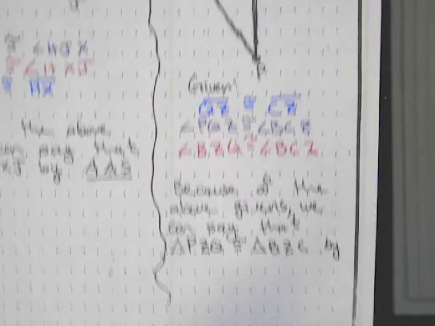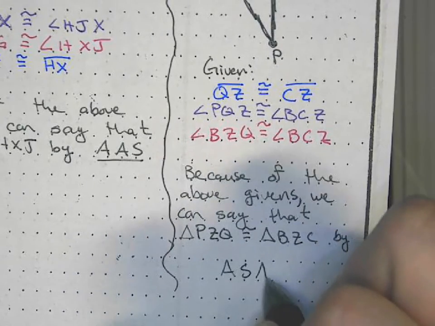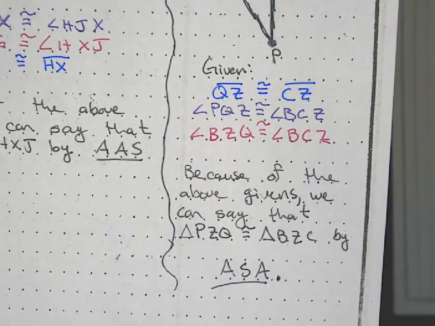The side is in between the two congruent angles. So by angle, side, angle.